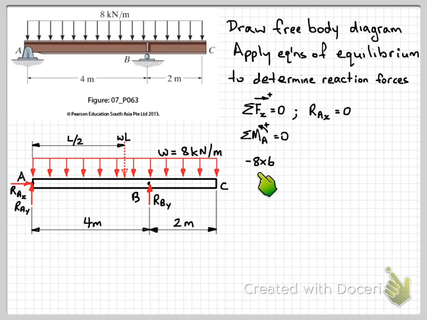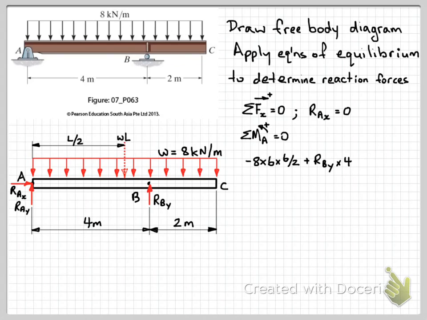Okay, so that's the load. We now need to put in the distance from point A, so that will be L over 2, so that will be 6 over 2. Okay, so the total length here is 6, so that location is 6 on 2. And then we have the reaction force RBY times its perpendicular distance, which is 4.